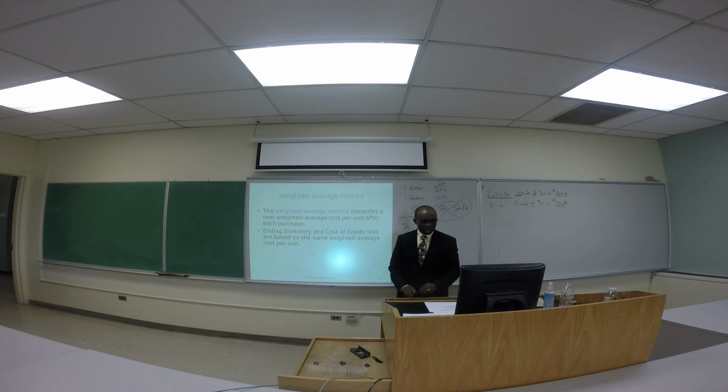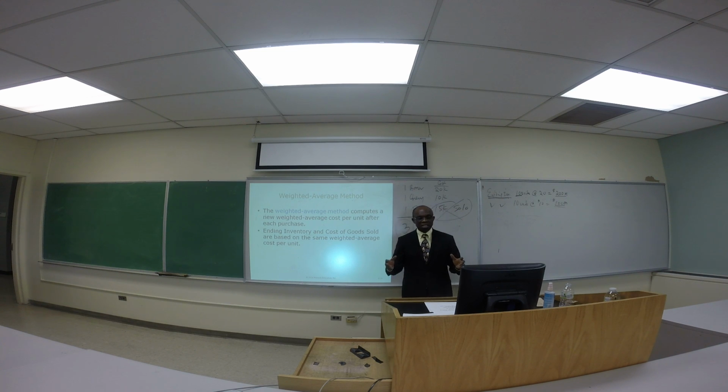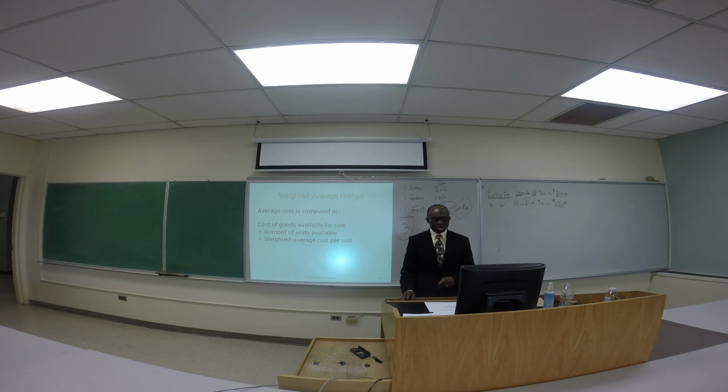Now, let's take a look at another method. This is the weighted average method. The weighted average method simply takes the weighted average per unit after each purchase. So the ending inventory and cost of goods sold are based on the weighted average cost. The average cost is computed as follows.